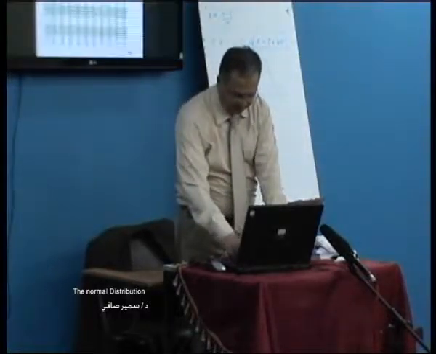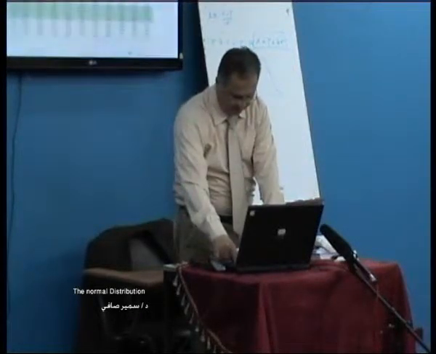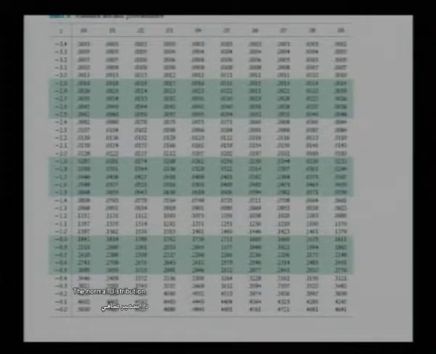This is the normal table. We are looking for 0.2. The closest value to 0.2 is this one, 0.2005. So this is the closest value.